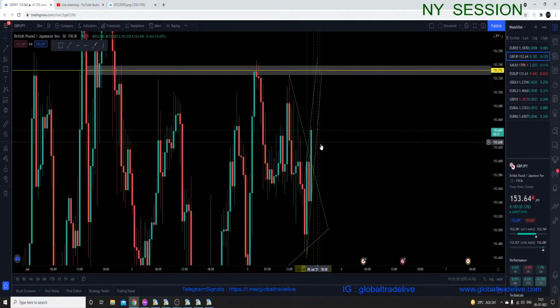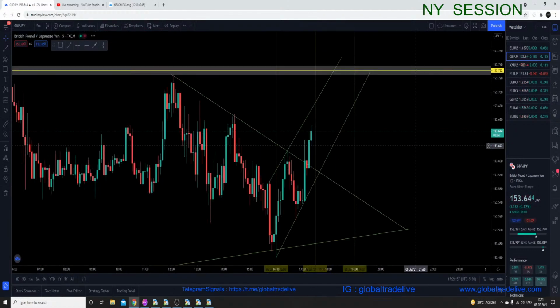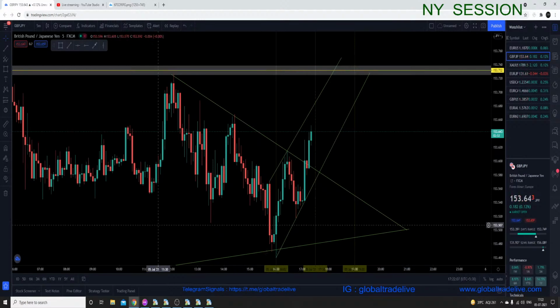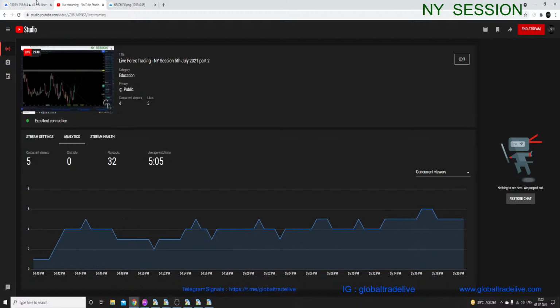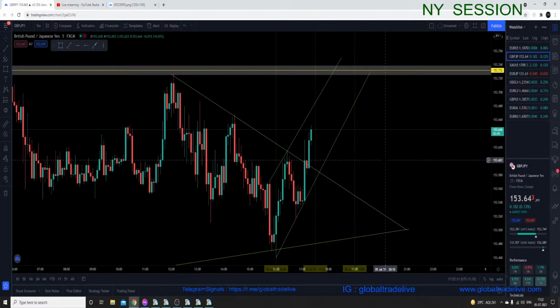So really don't know whether it will be rejecting those wicks and go straight up, or whether it will be accepting those rejections and stay down. So really need to be very sure before taking the trade, because you're gonna get good setups every day, but one bad entry and you will be in drawdown.